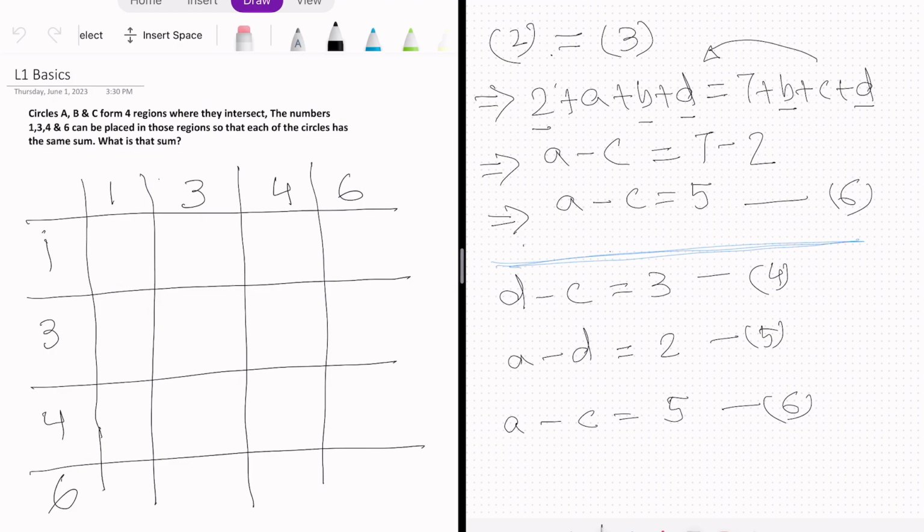A is greater than D and A is greater than C. Right? So the possible numbers are 1, 3, 4, and 6, as you can see from this table here.